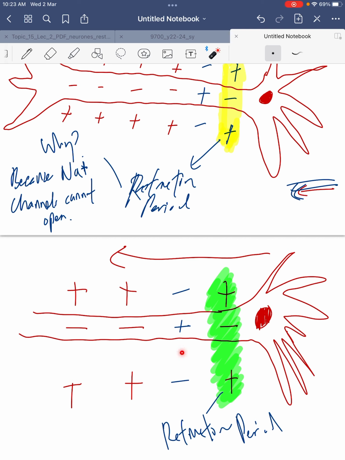So if this is already positive, there are two options for this nerve impulse. It can be attracted to this negative zone or to this negative zone, because there are two negative zones here. Meaning this can go here or it can go here.